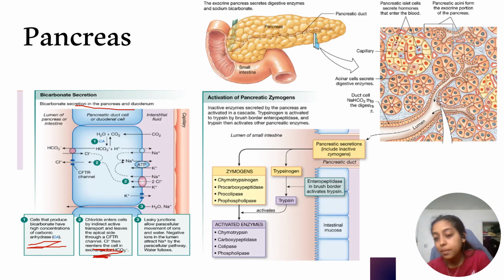So there is an exchange happening here with chlorine and hydrogen carbonate, and there's a lot of movement of ions. You have active transport of sodium and potassium ions for the gradients, you have the transport of chlorine for hydrogen carbonate ions, you have carbon dioxide. There's a very huge amount of ionic changes happening within the pancreas that allows bicarbonate secretions to happen.